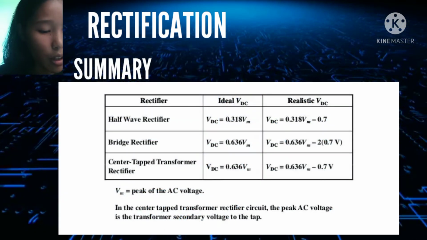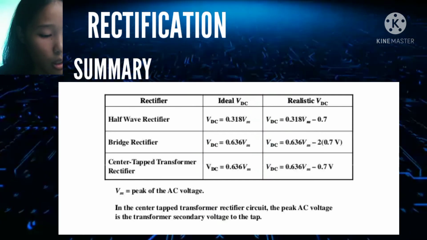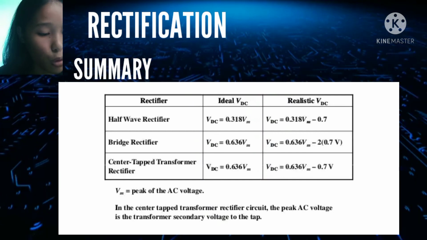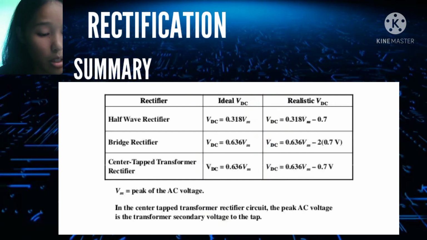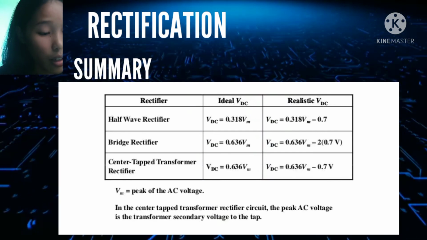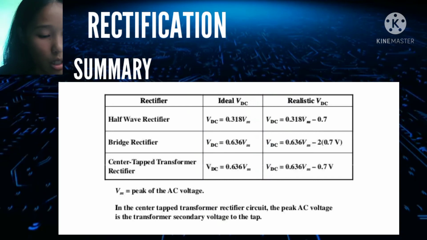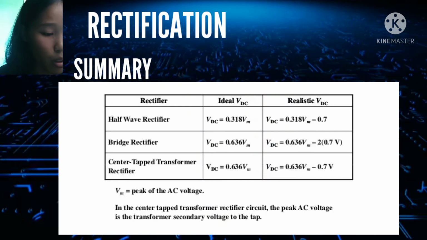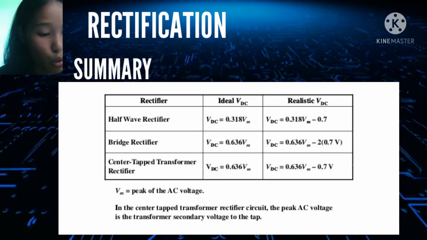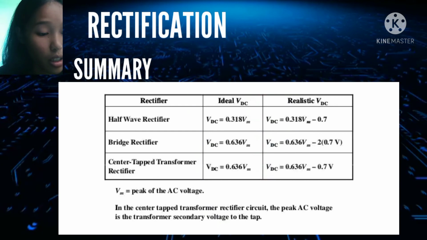And for the summary of the rectifier circuits, we can see here the half-wave rectifier's ideal VDC will be equal to 0.318 VM. So our VM only means the peak of the AC voltage. And its realistic VDC will be equal to 0.318 VM minus 0.7 volts. For the bridge rectifier, its ideal VDC will be 0.636 VM, so it is just twice the half-wave rectifier VDC.